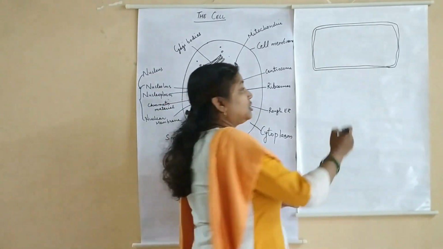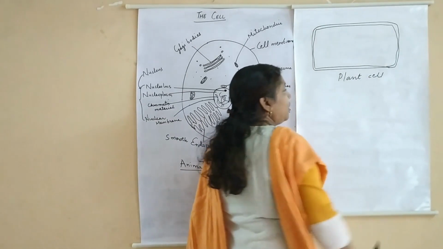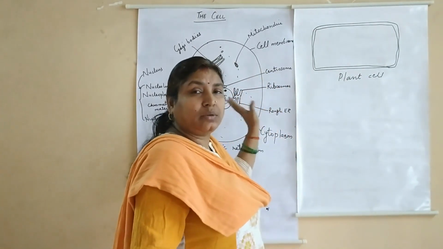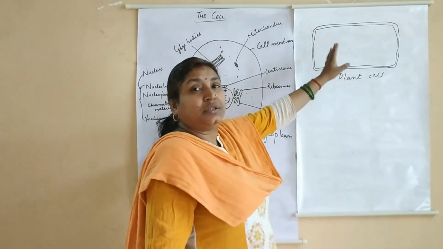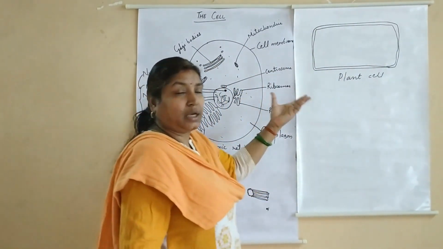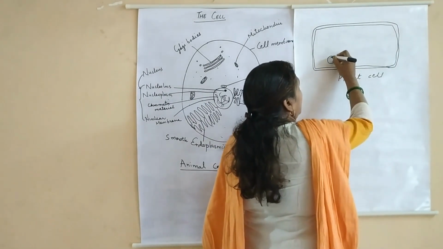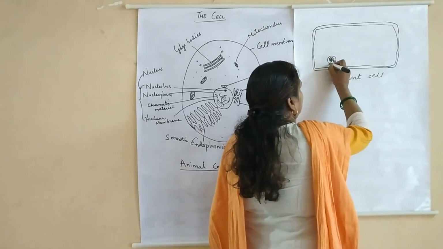This is the general structure of a plant cell. They do have all the cell organelles discussed so far. So it will have a nucleus with nucleolus and chromatin material. This is your nucleus.